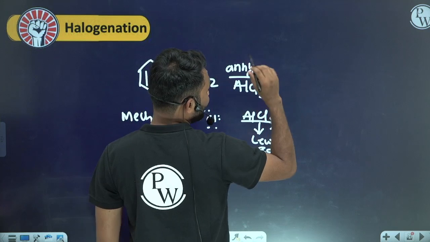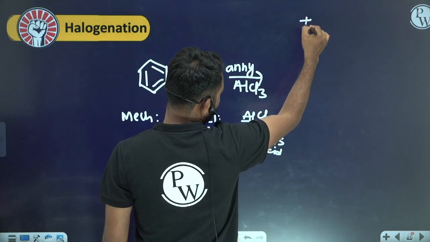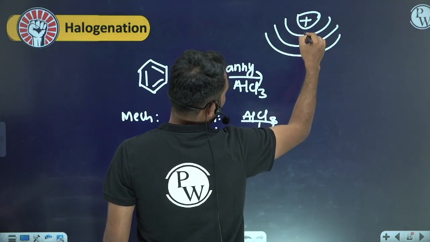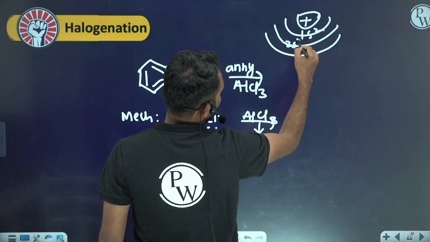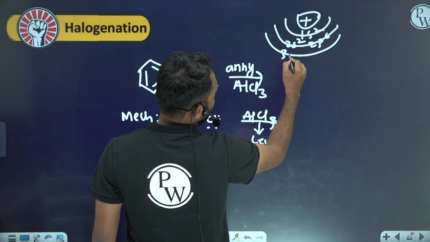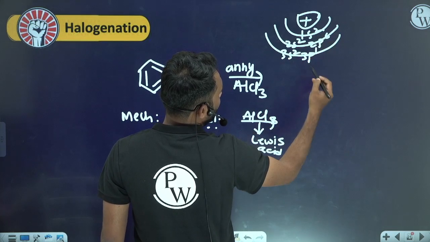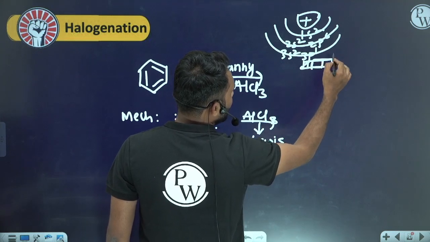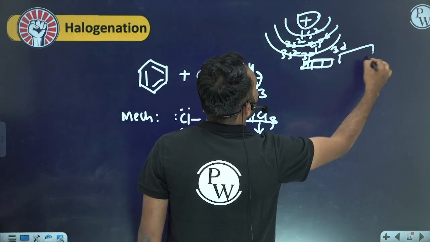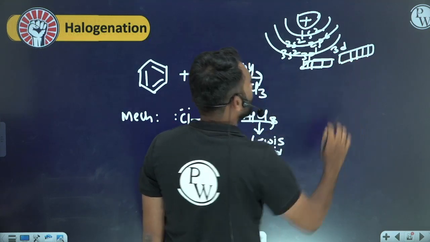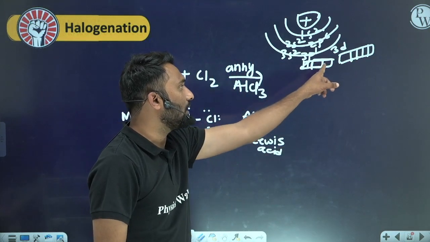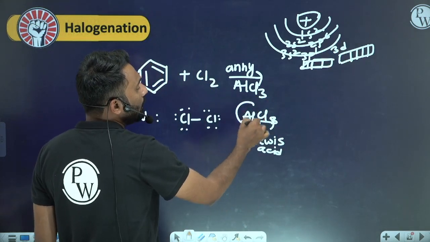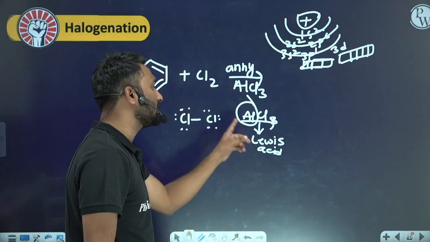Now how is it acting as a Lewis acid? Aluminum: 1s2, 2s2, 2p6, 3s2, 3p1. Due to the presence of an empty p orbital as well as an empty d orbital, aluminum will accept electrons.